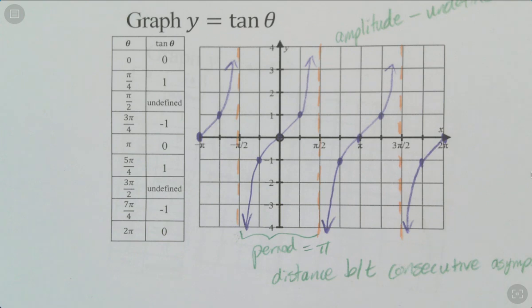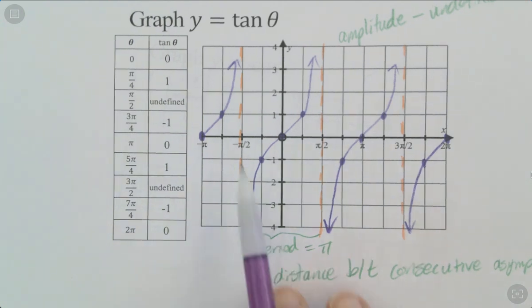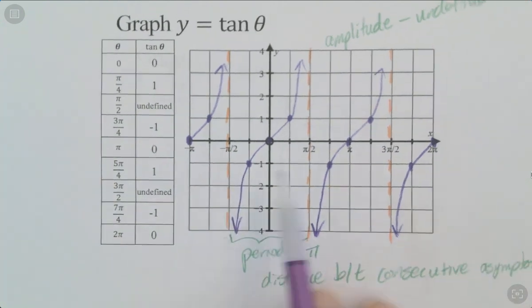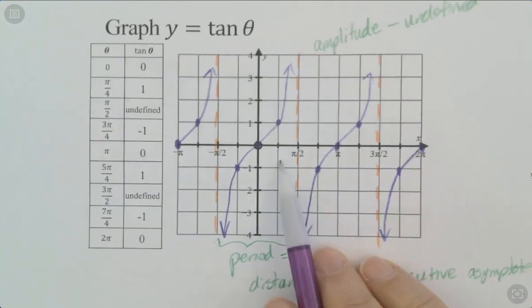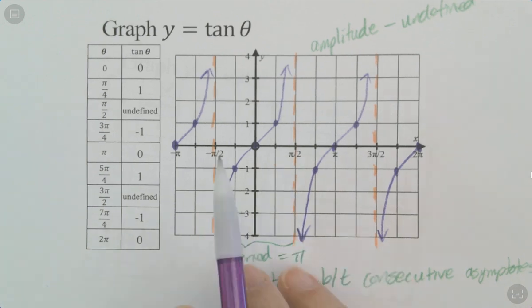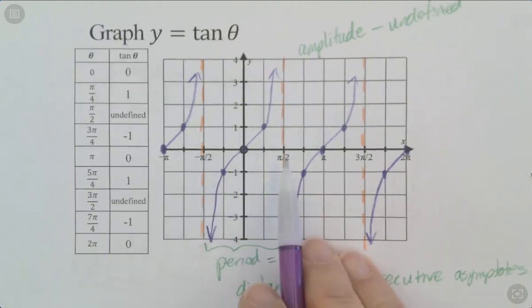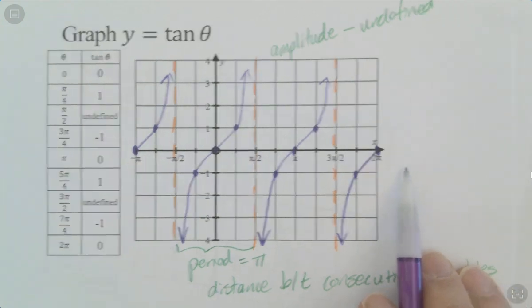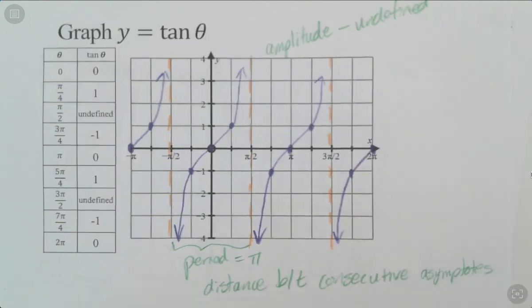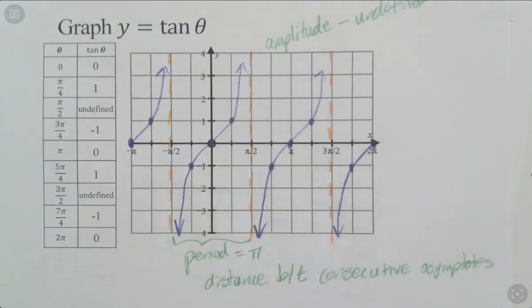Right. So remember when we did rational functions before, we talked about how the domain is like you have to jump over your vertical asymptotes. Well, we have a bunch of vertical asymptotes, and there's even more that are not shown here. So let's think about a pattern for the vertical asymptotes. We have an asymptote at negative pi over 2, pi over 2, 3 pi over 2. The next one would be at 5 pi over 2. What's the distance between the asymptotes?